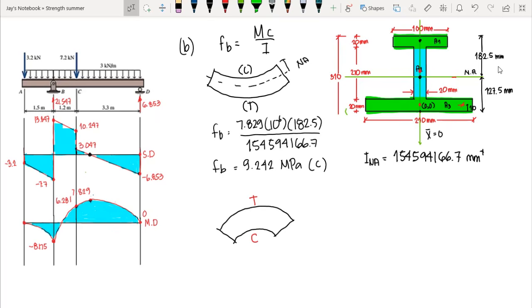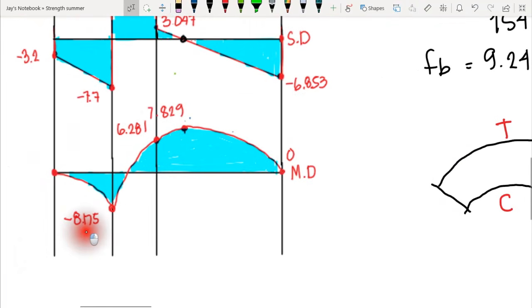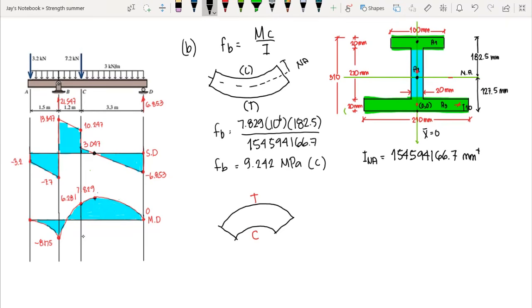Now for the second case, we have negative bending, this one, wherein our compressive point is on the bottom surface. So we will be using 8.175 as our moment. So we have 8.175 multiplied by 10 raised to the 6 times our C here.